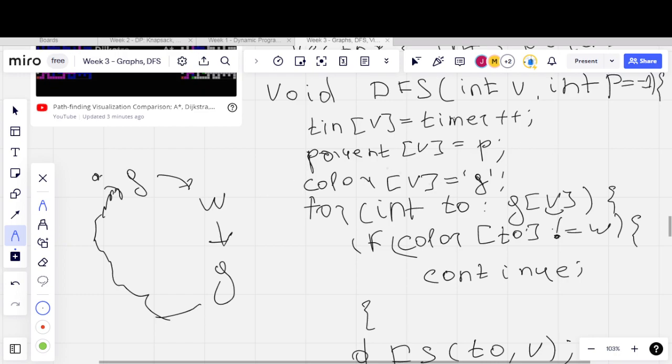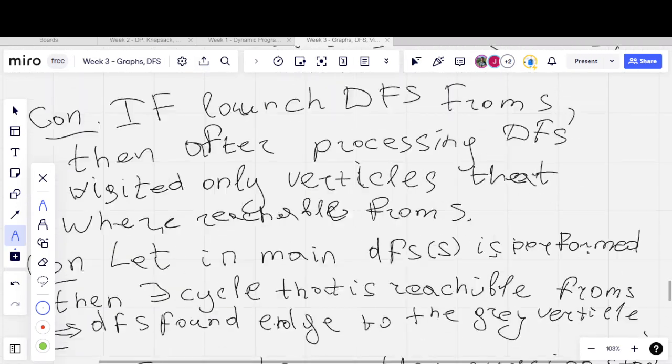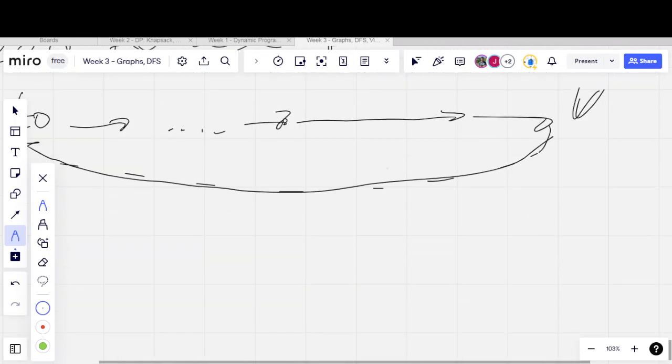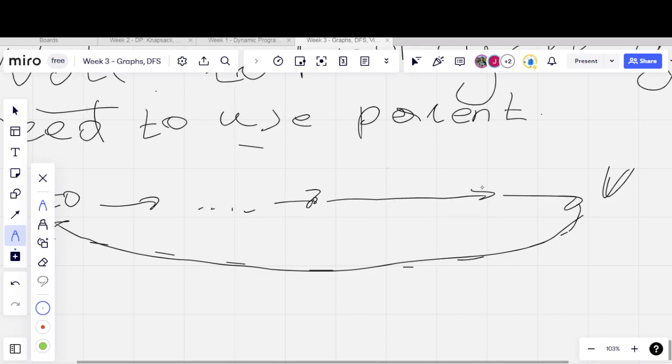We store all the parents of vertices in the parent array. To find the parent of vertex v, we just call parent of v, and to find the parent of this vertex, we call parent of parent of v, and so on.